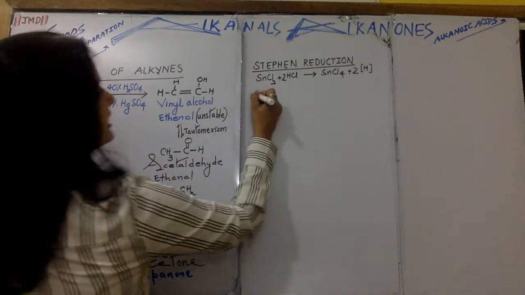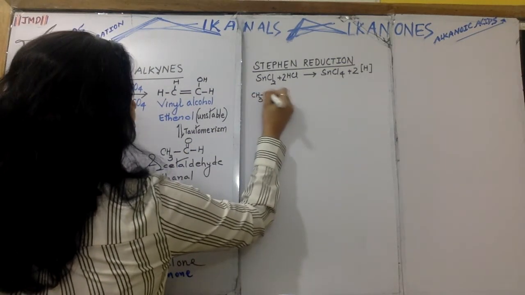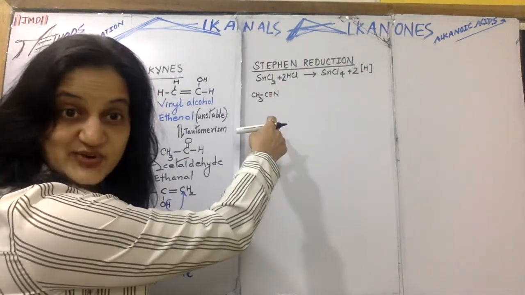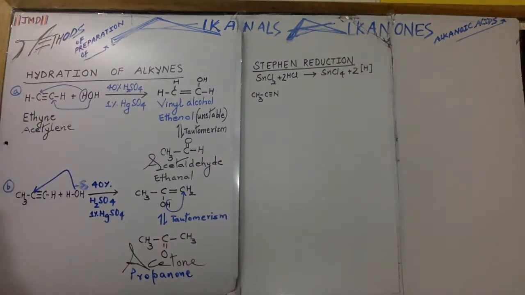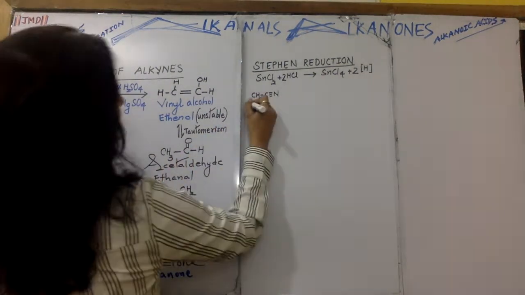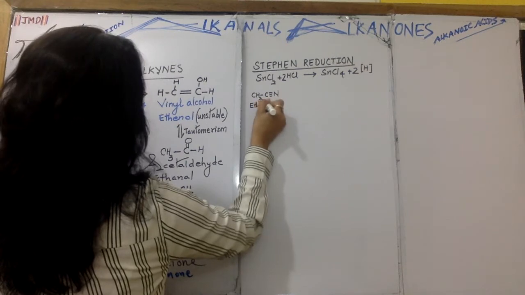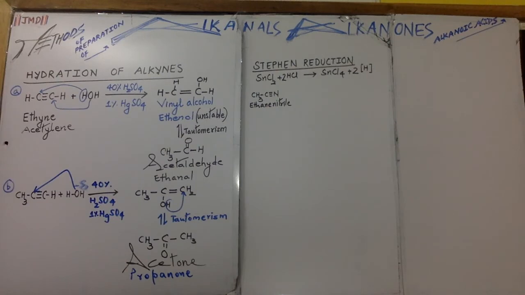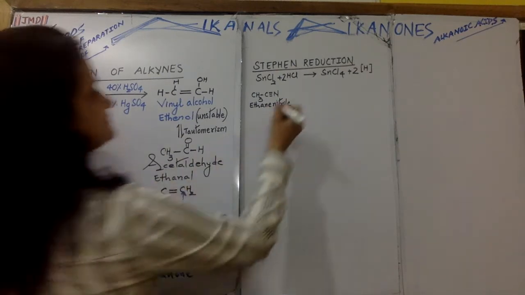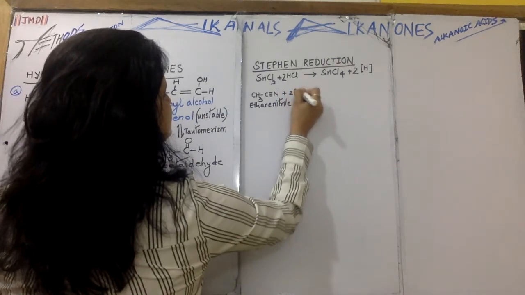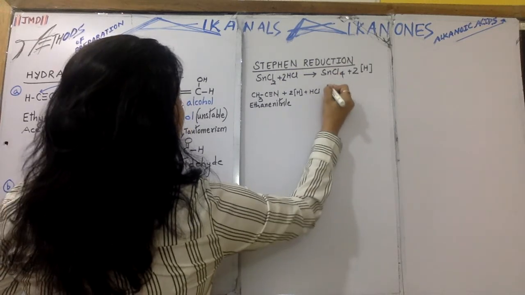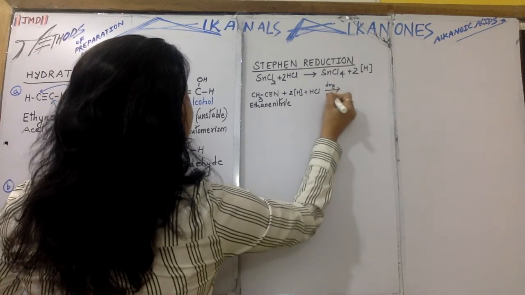Now we take a cyanide, say acetonitrile, also called methyl cyanide, also called methyl nitrile, and the IUPAC name is ethane nitrile. Now I want to reduce this, so we use two atoms of nascent hydrogen, and HCl gets added along, and this happens in the presence of dry ether.